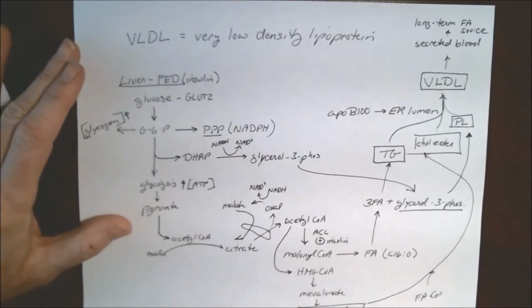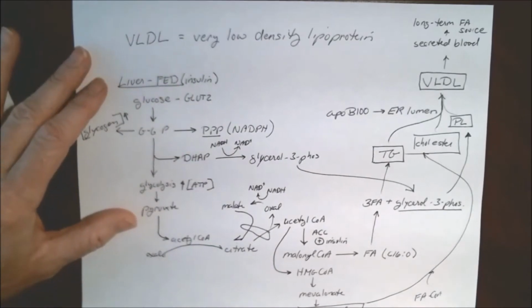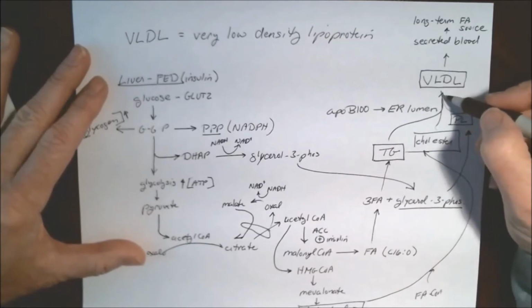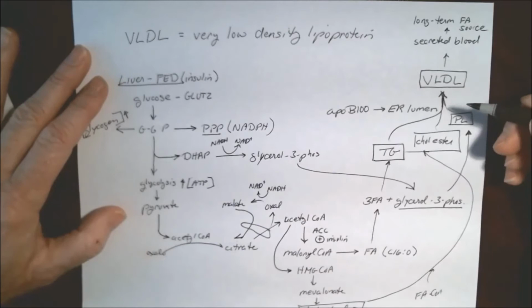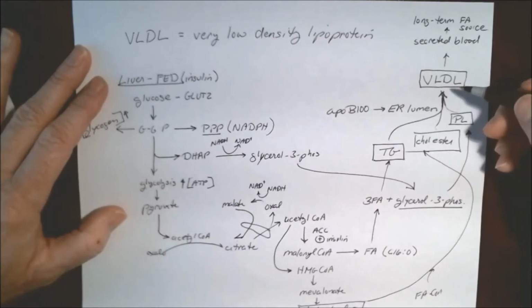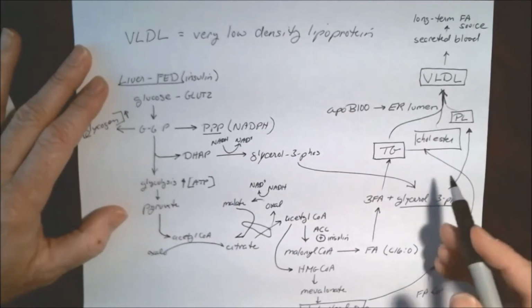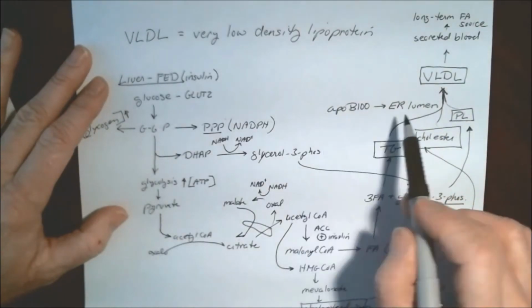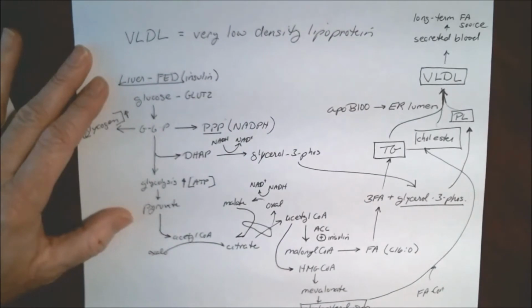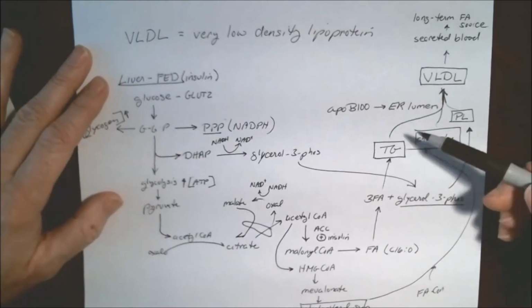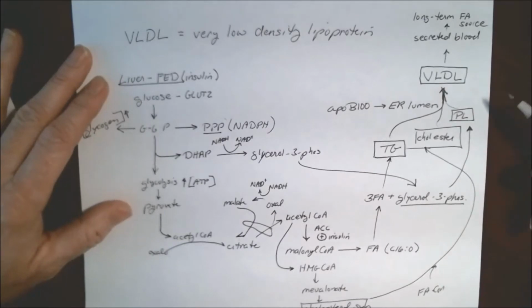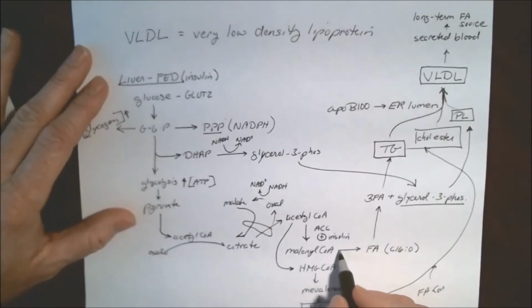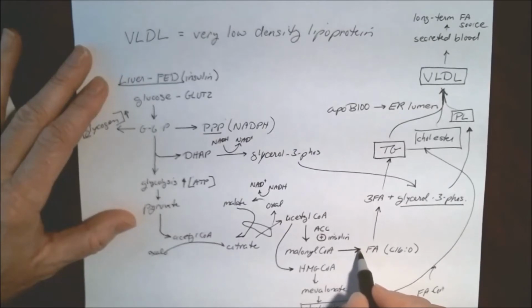Now, I think I also mentioned another level of regulation here to be aware of: if this pathway of VLDL assembly becomes rate limiting, so that the combining of all of these hydrophobic storage molecules with ApoB100 to form the VLDL lipoprotein particle becomes saturated, we have to slow this rate of fatty acid synthesis.